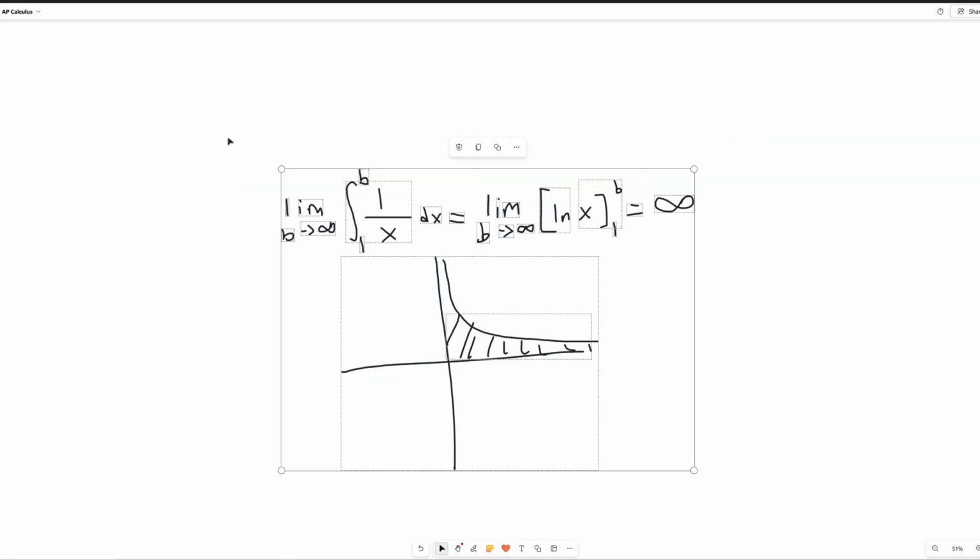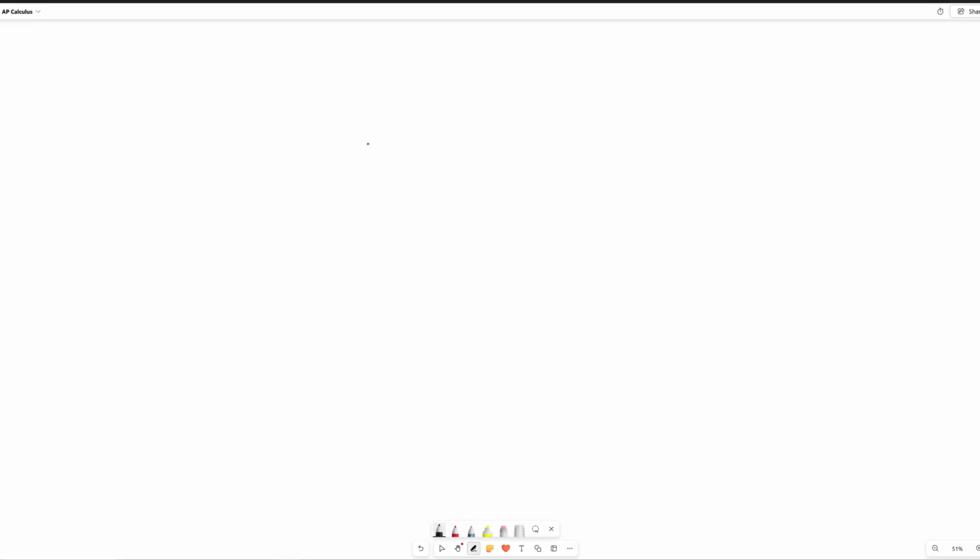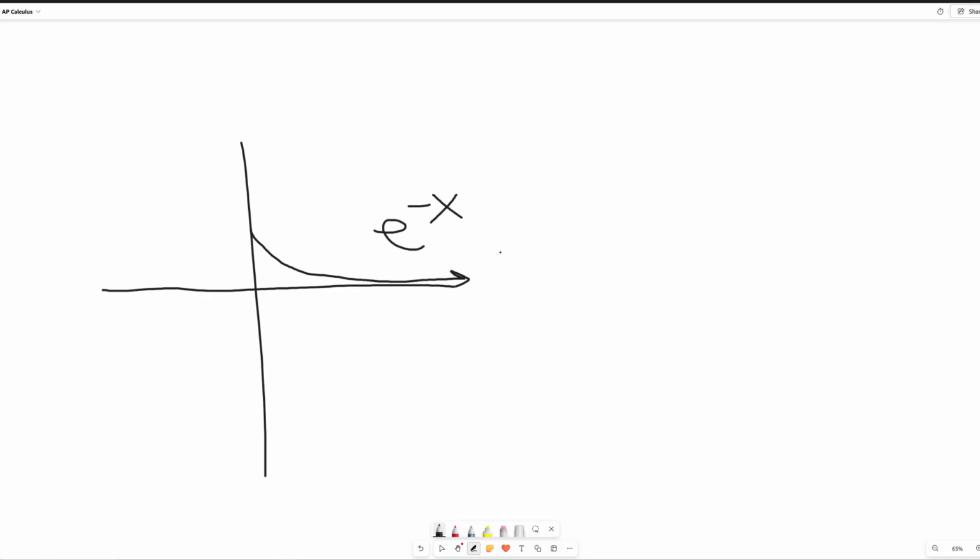So that tells you that it does not slow down enough. That's another condition. If it decreases fast enough, then it will have a convergent number. But if it does not, such as 1 over x, it kind of gradually decreases, then you will have infinite area under it. So, I'm going to tell you right now that this function, e to the negative x, does have a value.